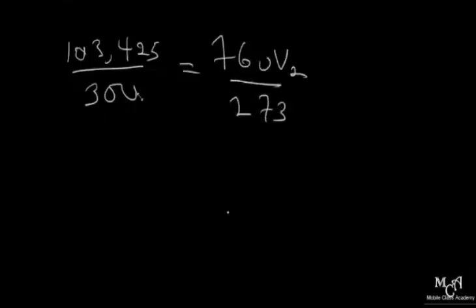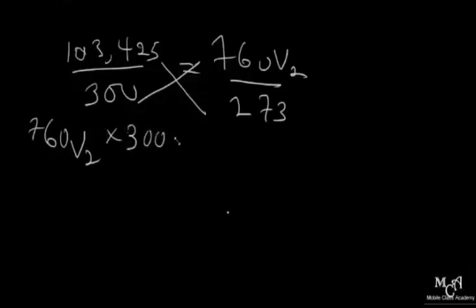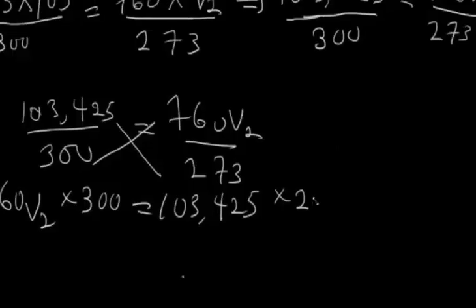This is simple math, you can cross multiply as usual. 760 V2 multiplied by 300 equals 103,425 multiplied by 273.